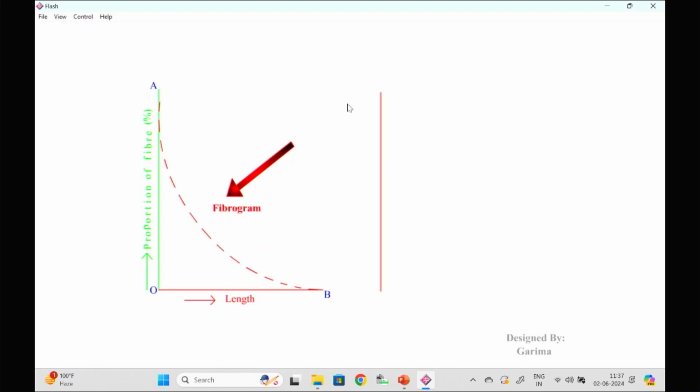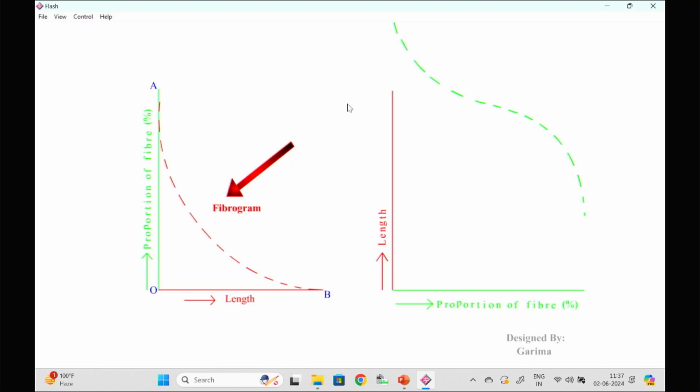Now let us see the shorter diagram. So the red color axis shows the length, and green color shows the proportion here. The shorter diagram is shown in the green dotted line.